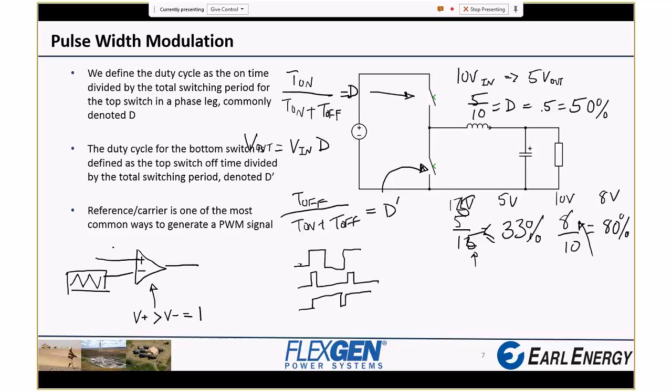Into the plus, you feed your desired duty cycle D. So let's draw that out over here. D ranges from 0 to 1, which represents 0 to 100%, so your triangle wave is also going to go from 0 to 100.